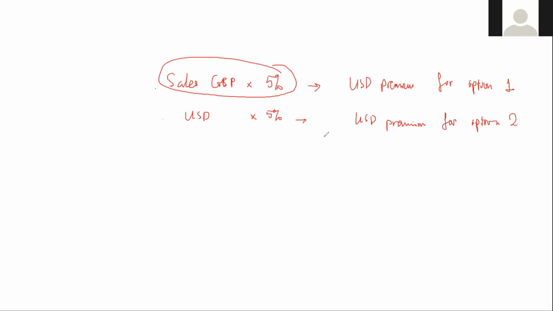Oh, so which means I need to use the GBP and convert it into USD and times the percentage, is it? Yes, so this second figure will be the amount of USD that you acquire from the first option. In the first step, you convert the GBP into the USD.